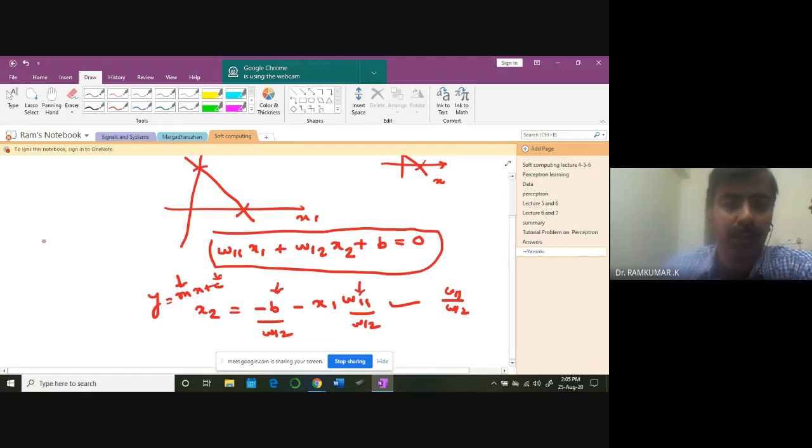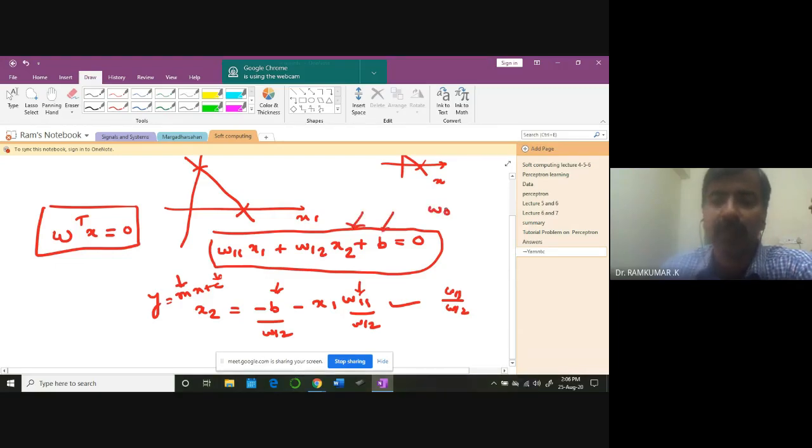When the line equation is like this, the line satisfies this condition. You can write everything including this b, where b can be written with a constant x0, and x0 can always be 1. This W0 can be varied. So naturally you will get W transpose x is equal to 0, where W is W11, W12, W0, and the corresponding inputs are x1, x2, x0.